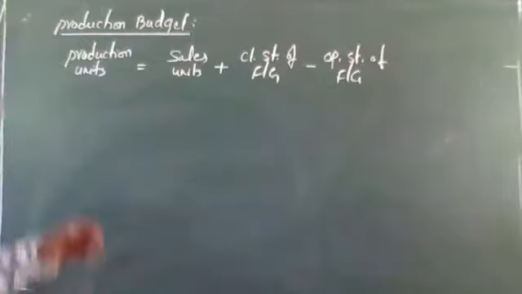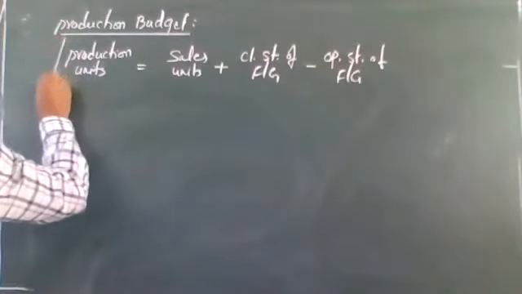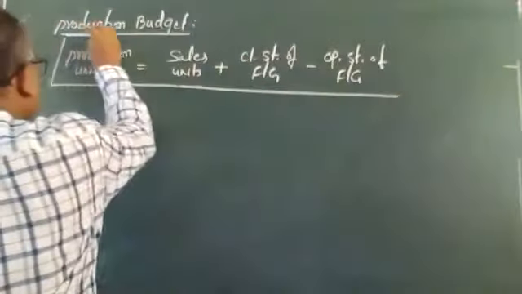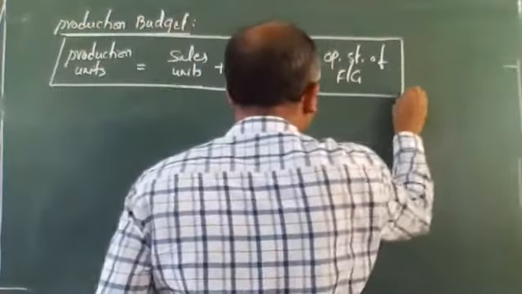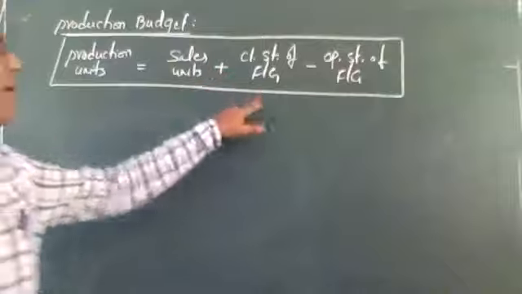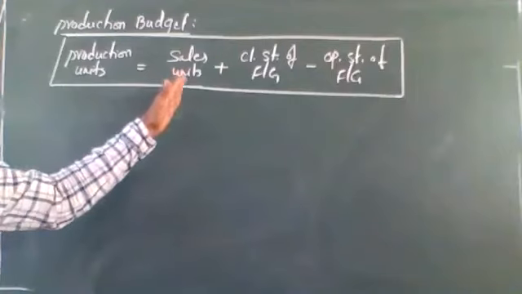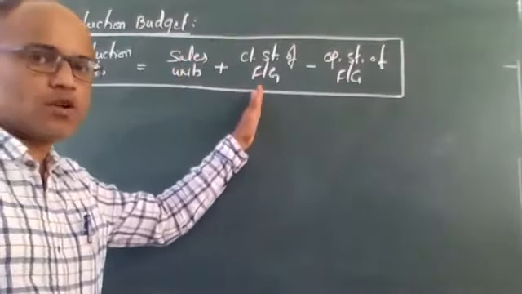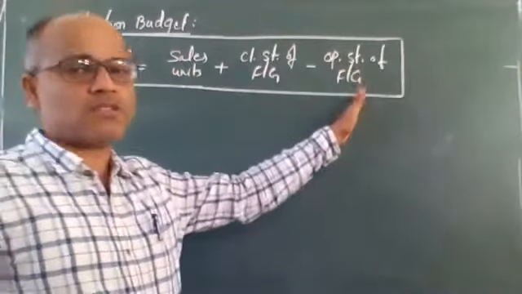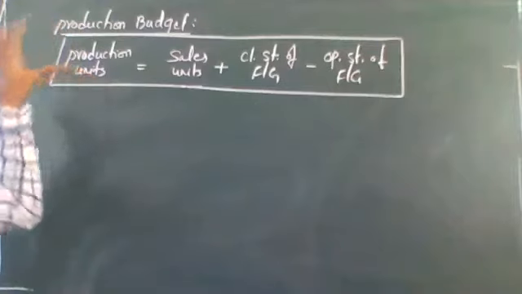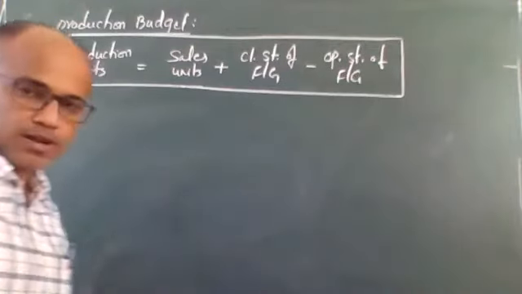So when you look at this equation, how much I should produce is basically what I should sell plus what is desired at the end minus what you already have at the beginning. So it is sales units plus desired closing finished goods minus already existing opening stock that will give you the units required for your production. Is this formula clear?